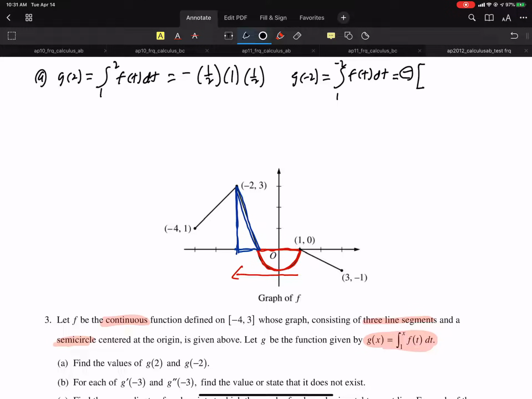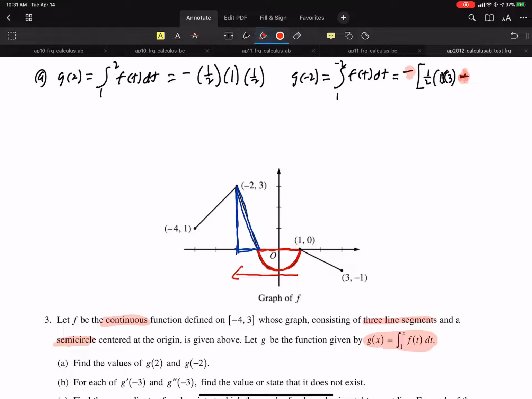So the triangle on top, the area is going to be 1/2 base times height. The base is 1 and the height is 3. Now again, I'm putting a minus here, but remember that because of the minus, we're actually adding that area.